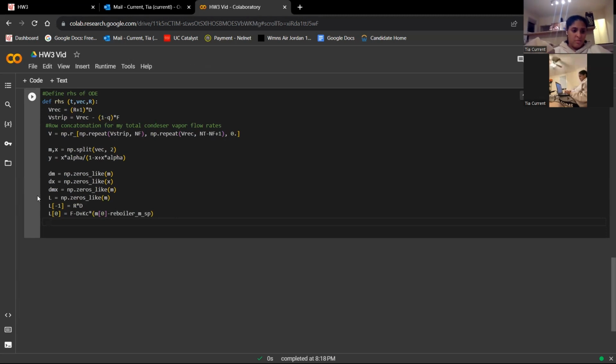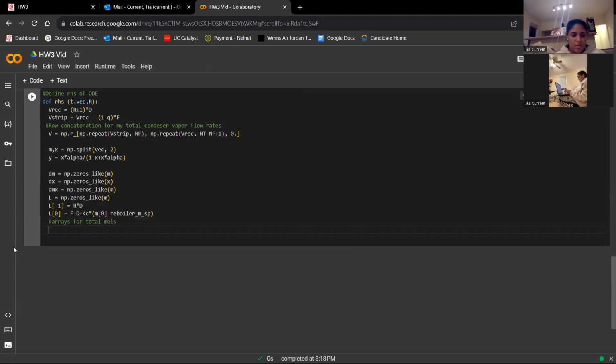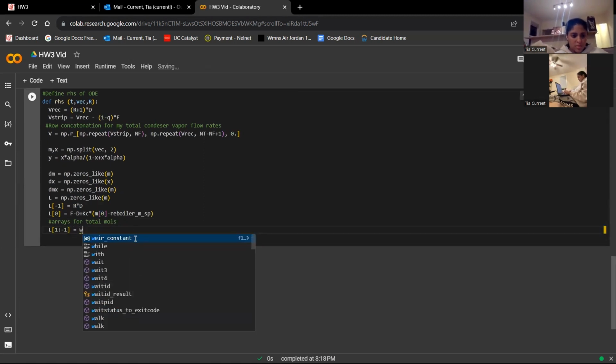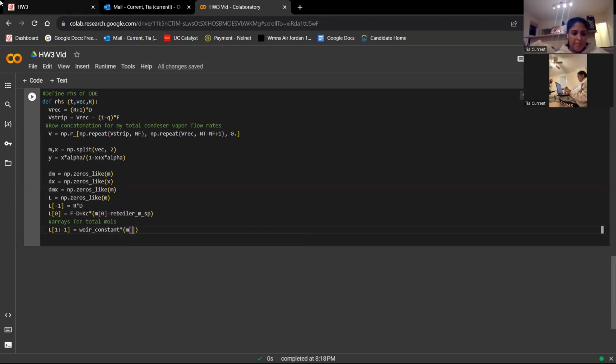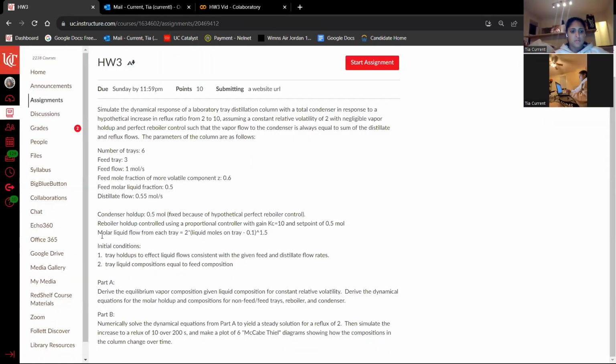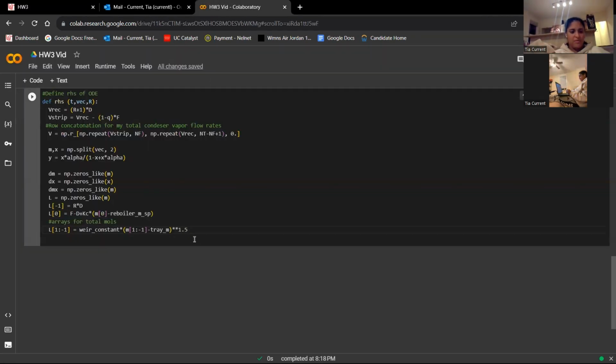Now we're going to do the arrays for the total moles. And then minus trim N. And so that's going to be the molar liquid flow rate, 2 times liquid moles on trays minus 0.1 to 1.5.